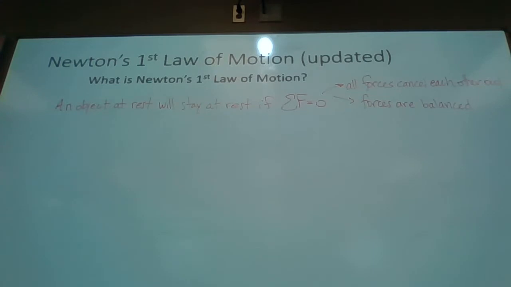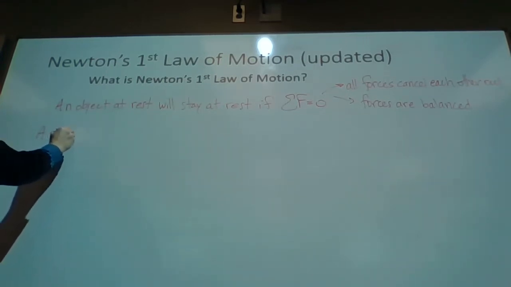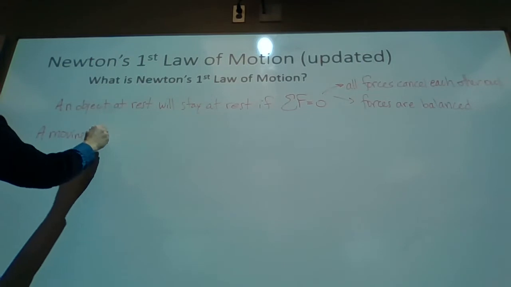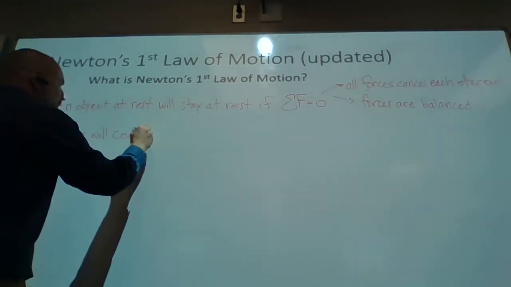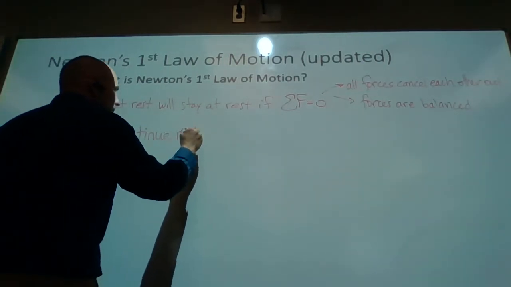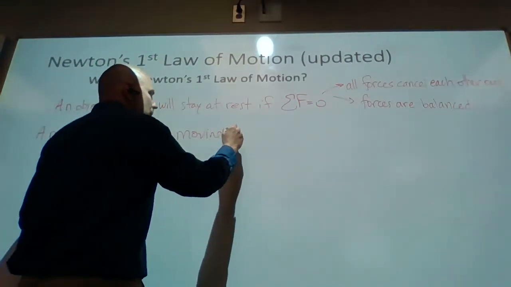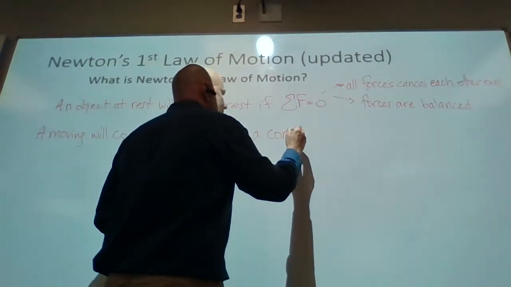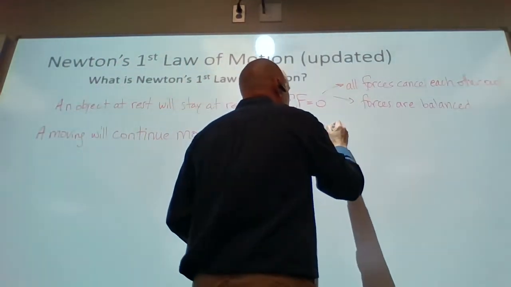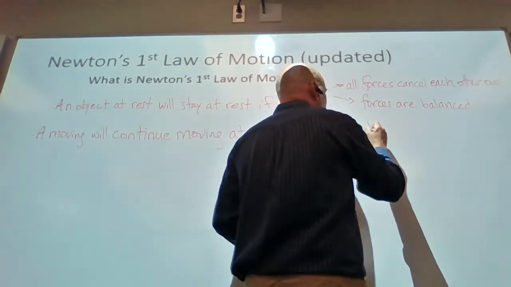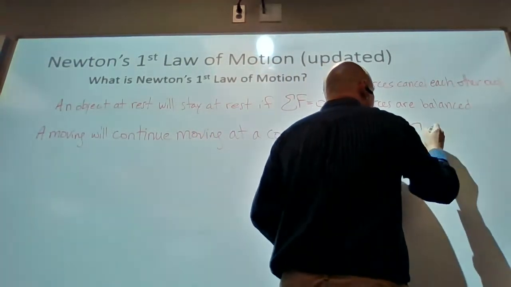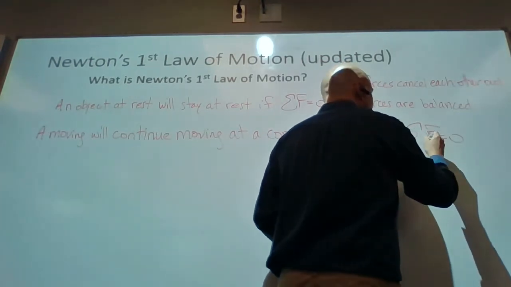Okay, and we can say the same thing about the motion part. This one's easy, like this one's harder. A moving object will continue moving at a constant velocity if the sum of the forces are equal to 0.